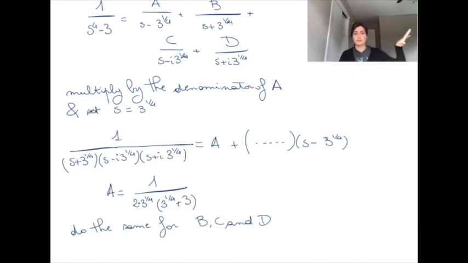The left-hand side can be computed to be 1 over 2 times 3 to the 1/4 times parentheses 3 to the 1/4 plus 3. We can do the same trick for B, C, and D. Therefore, we have explicit formulas for A, B, C, and D. You might be confused by the fact that C and D are over a complex polynomial, but if you go through the steps, you're going to notice that the complexity actually cancels out easily.